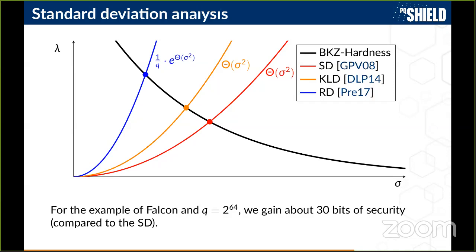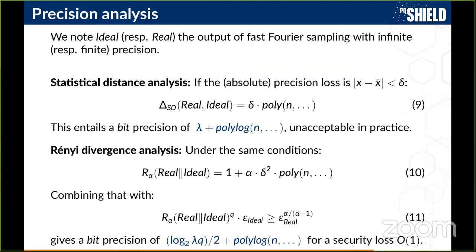So now I'm going to move on to the precision analysis, and it leverages the same ideas. So we will have the ideal output of the fast Fourier sampling algorithm with infinite precision, and the real output with finite precision. So again, let's compare a statistical distance analysis and a Renyi divergence analysis.